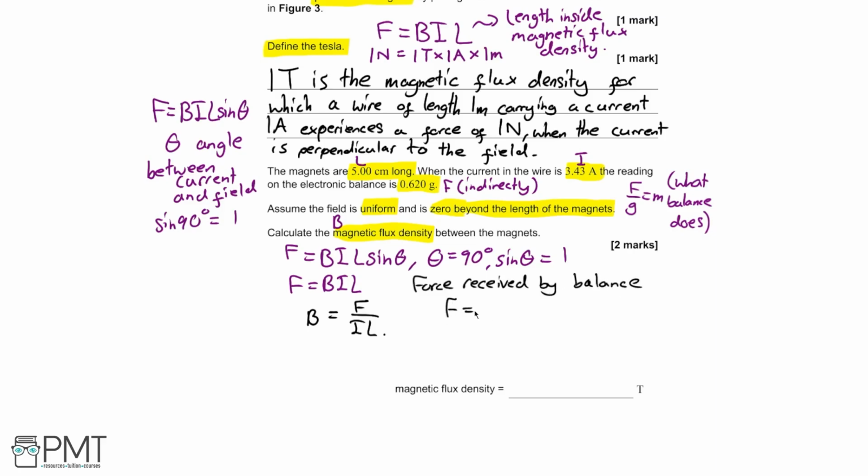F is equal to 0.620 times 10 to the minus 3. This is to convert grams into kilograms. And then multiplied by the value of g, 9.81.